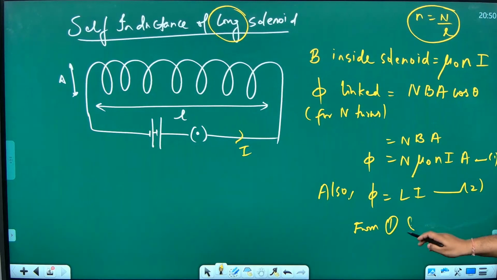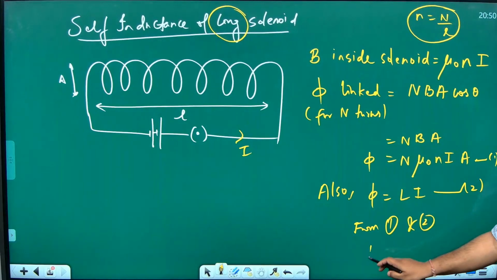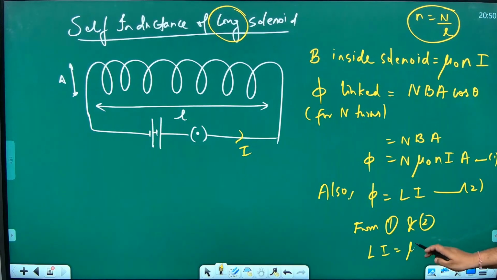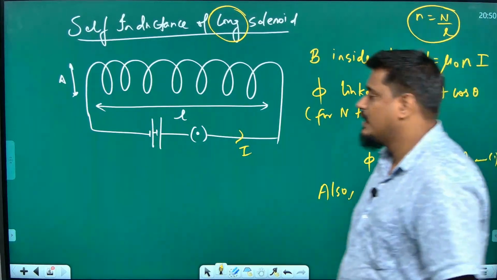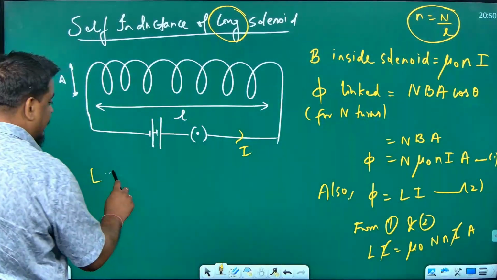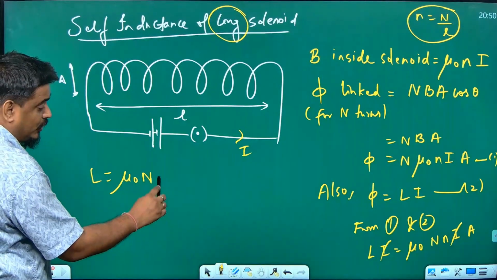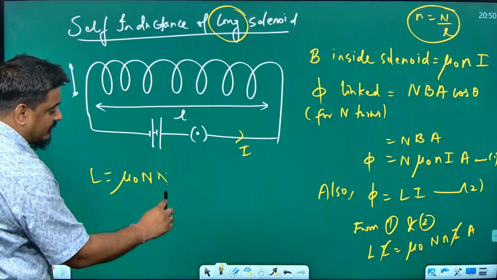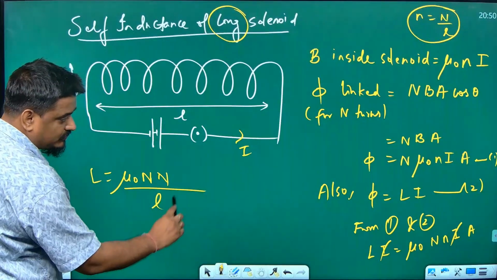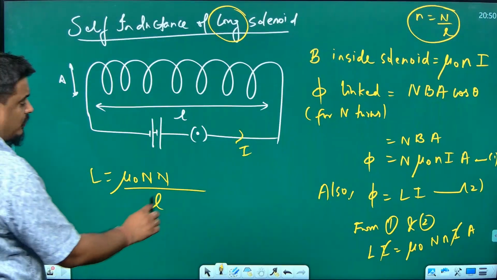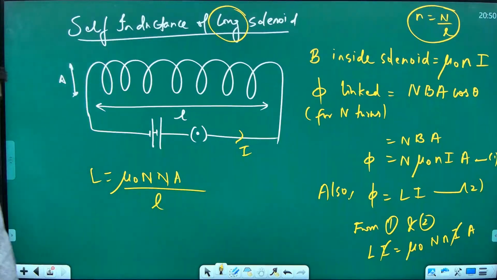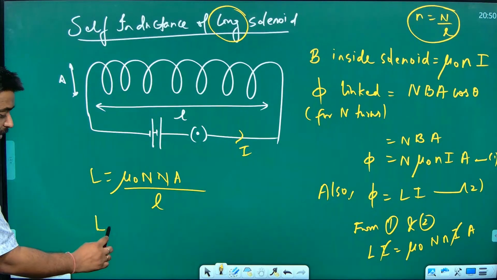From 1 and 2, we get L i is equal to mu naught N small n into i into A. i gets cancelled. I get the self-inductance value as mu naught into N into, instead of small n I am writing N by l, isn't it? Into A. Do you agree with me? So this is the value of self-inductance of a long solenoid.